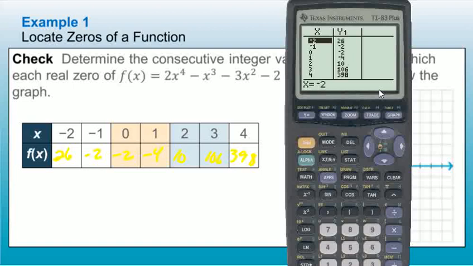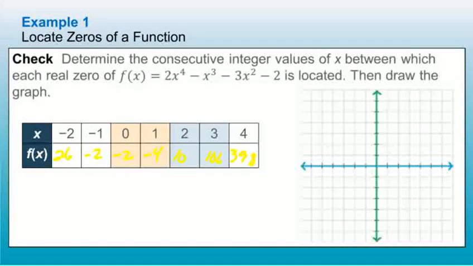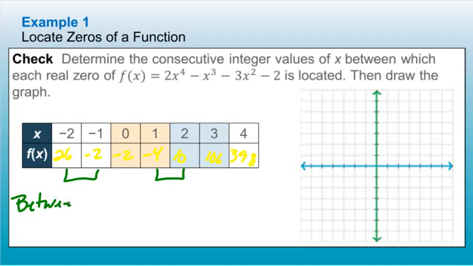Now, if I look at that, see if there's any sign changes. I do have a sign change here, and I have a sign change here. So we would say between -2 and -1, and between 1 and 2.